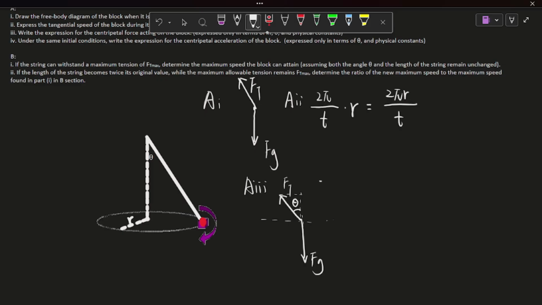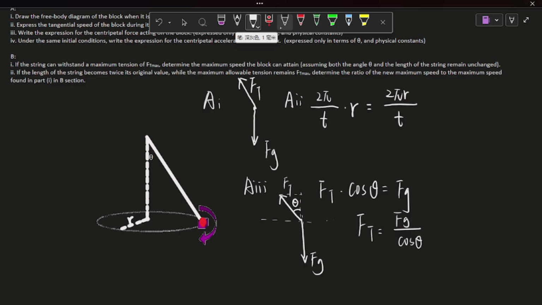Now it's asking for the centripetal force, right? What is centripetal force? It's just the sum of the forces pointing towards the center of the circle that it is rotating on. So in this situation, the centripetal force will just be this component over here.